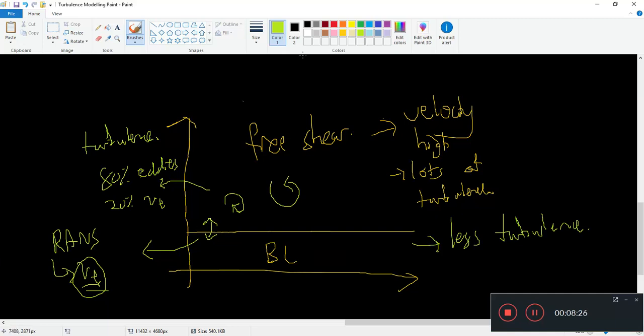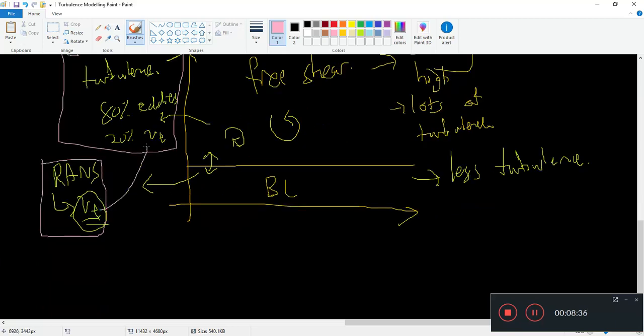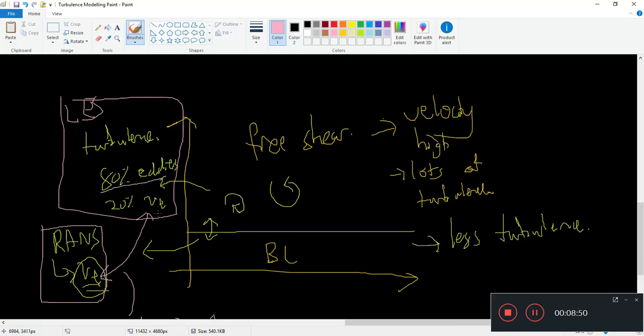If, let's say, you transition from the Reynolds-averaged Navier-Stokes scheme to the LES scheme, from here to here, your turbulent viscosity drops, right? And what you need to compensate is this 80% of the eddies to kick in.